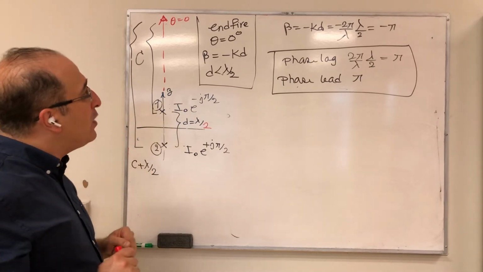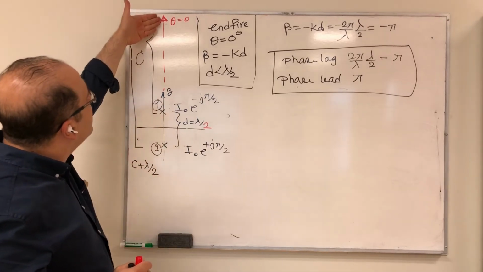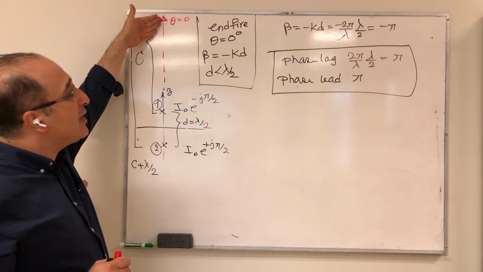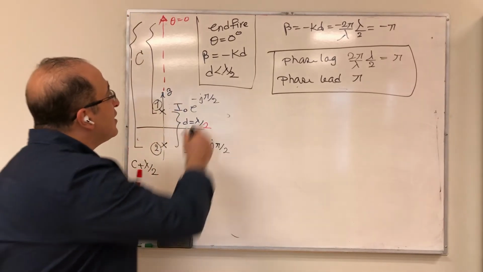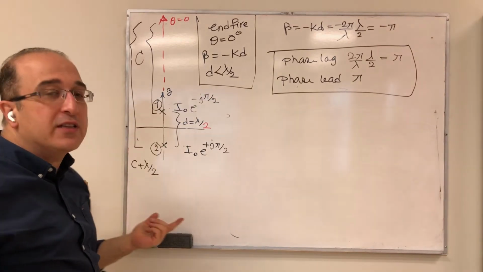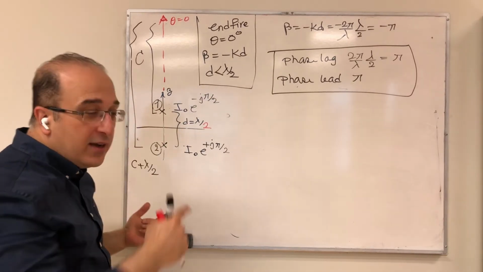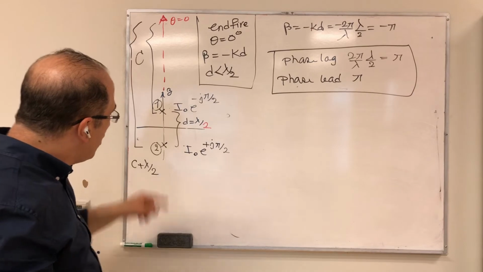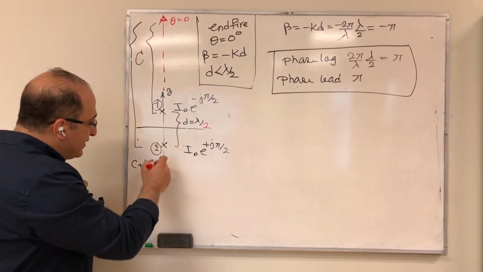Now, this is not the whole story. I just showed that I get my maximum radiation at theta equals 0, but based on this criteria, because you don't satisfy that, you get grating lobes. And previously, I told you your grating lobe would be at theta equal 180 in this case.